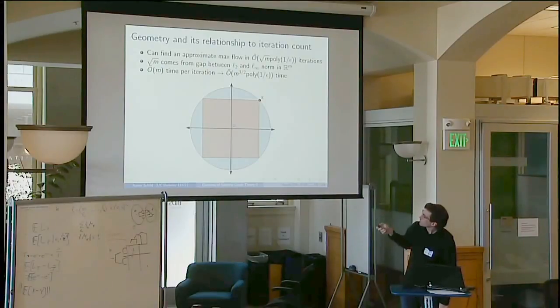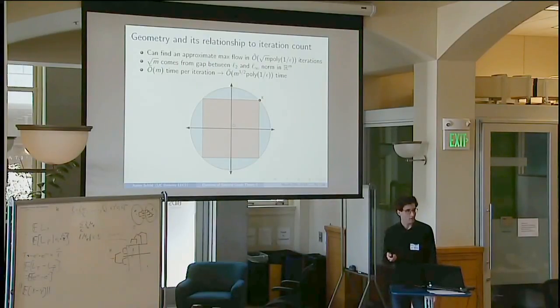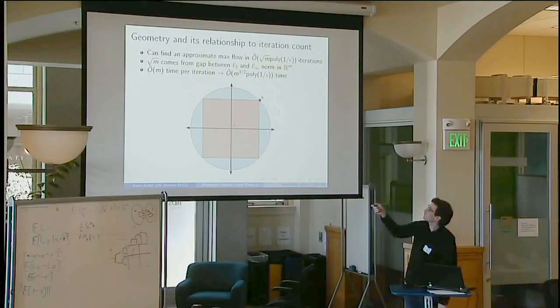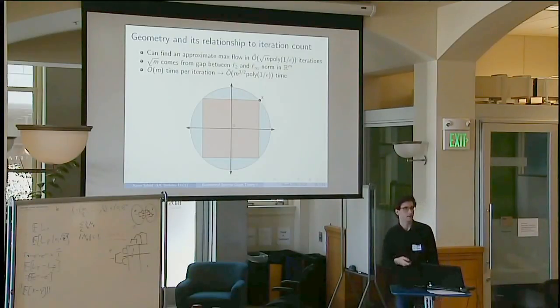And if we wanted to get a better algorithm, we can also think about things geometrically. Maybe we could get a better algorithm by finding some flow that is more closely related to L infinity norm minimizing flows.